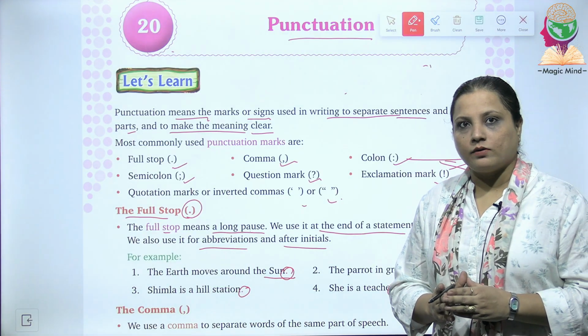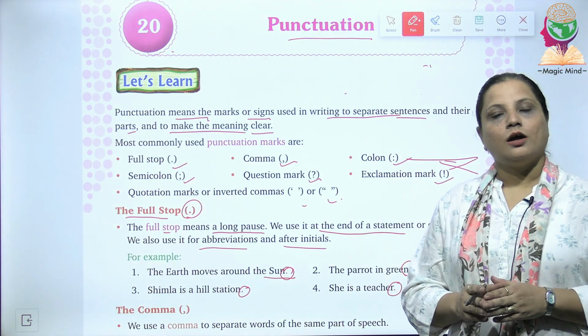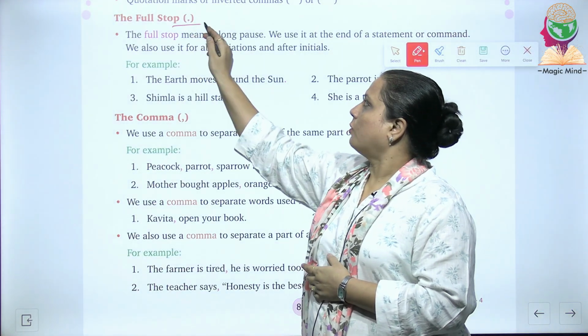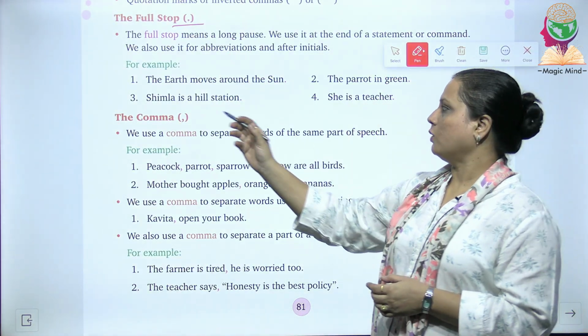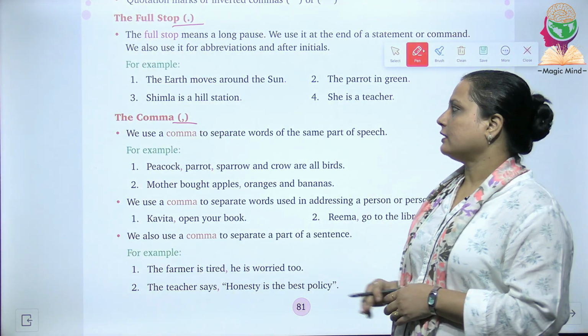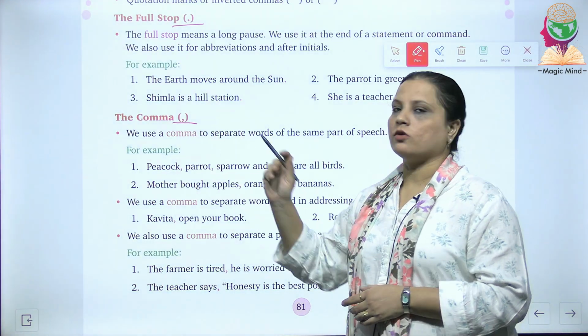Let's now move to our next punctuation mark, and that is a comma. Just now we have studied about full stop. Now we are going to study about comma. This is the mark or the sign that is used for a comma. What is the use of comma?